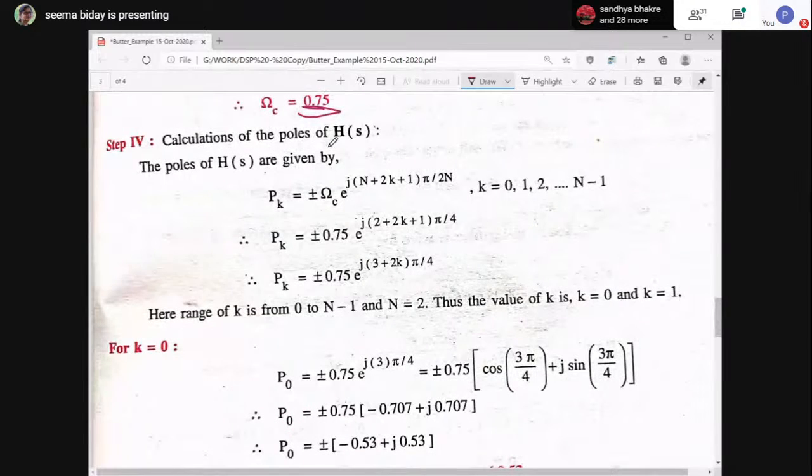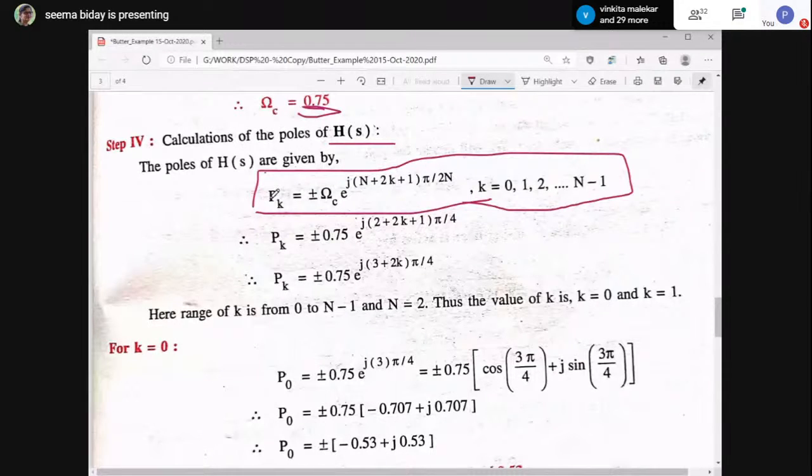Calculate the poles of the filter H of S, because if you know H of S, you can find out H of Z. Now, how to compute H of S? Again, for calculation of poles of the filter, you must know this formula.